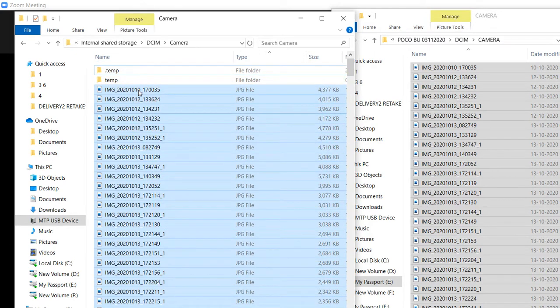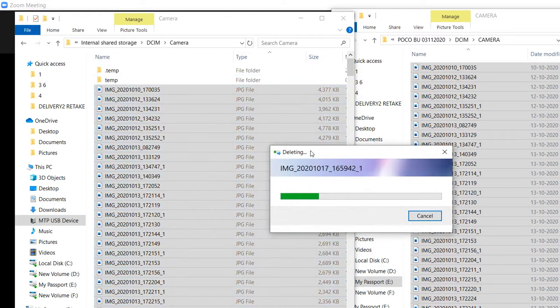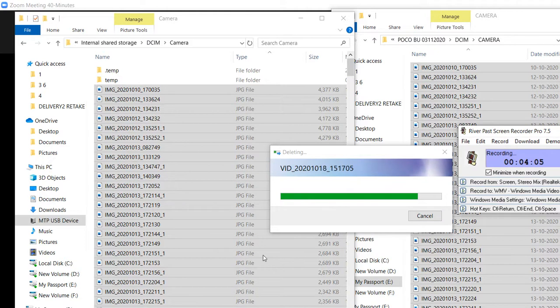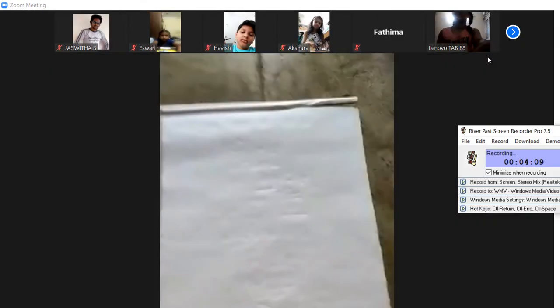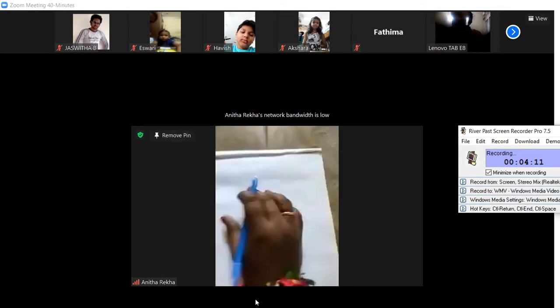Okay, so children, how to add 3-digit numbers in column method? Today, let us see. All of you look at the screen very carefully. All of you write in your books.